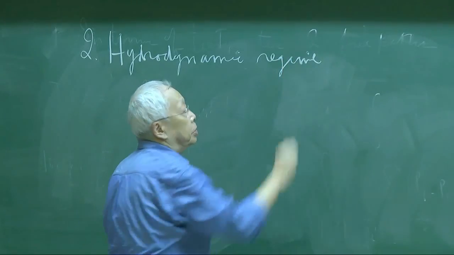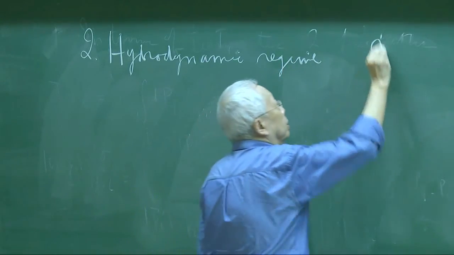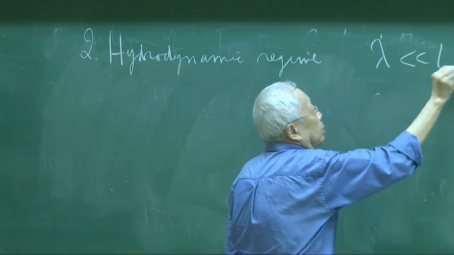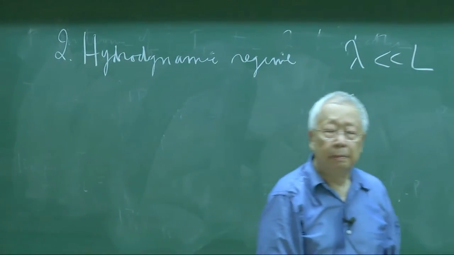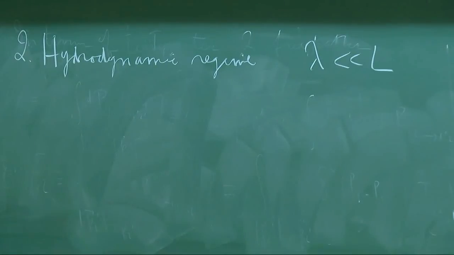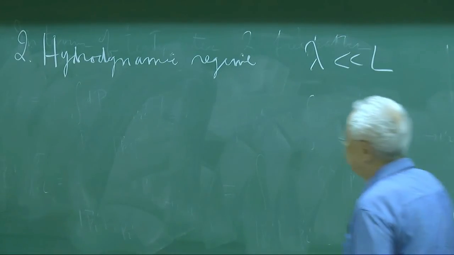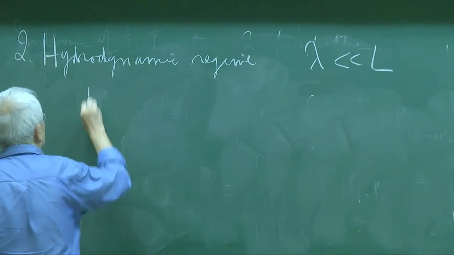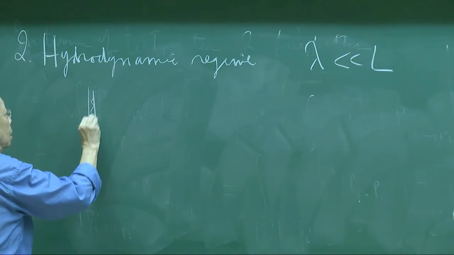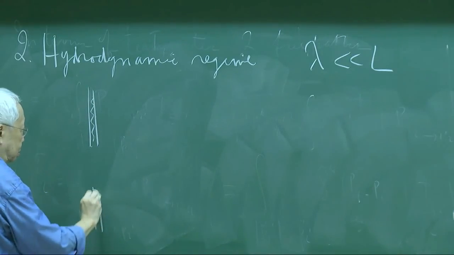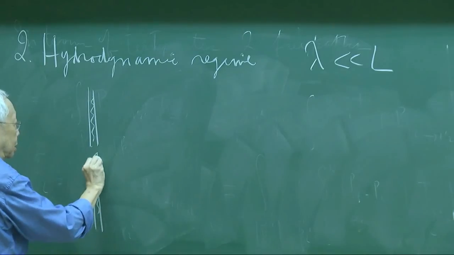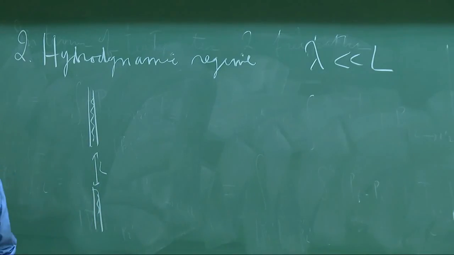And this is very important because it's much more common. And this lambda is much smaller than L. You can appreciate this if I just draw a picture. If I do the same thing again, the gas going through the hole, the same hole. It's L. But now the mean free path is very tiny compared to L.